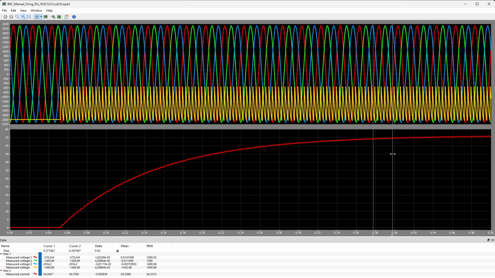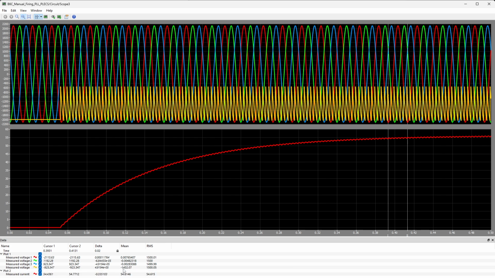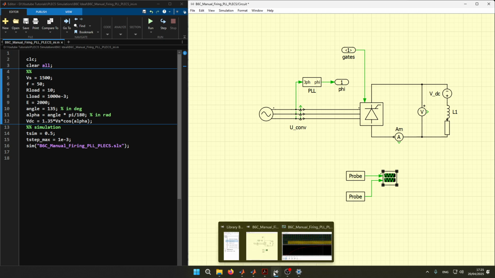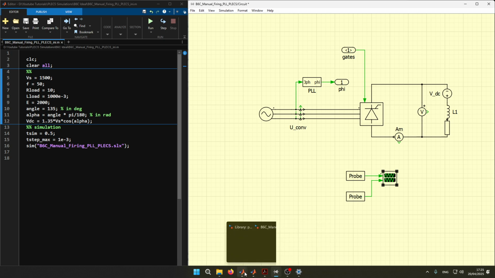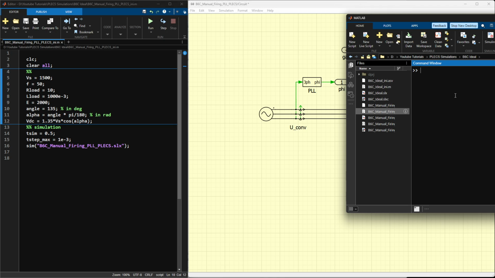You see we have an output voltage of 1432 with a negative sign before it. If we want to check it against our theoretical calculation of the output voltage, the variable VDC is minus 1431 volts again.